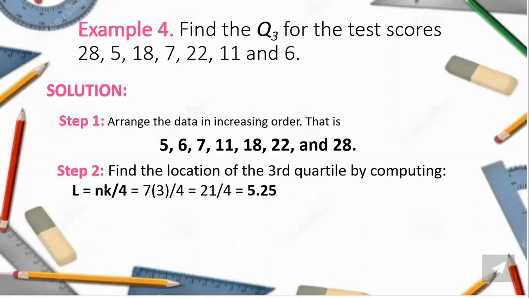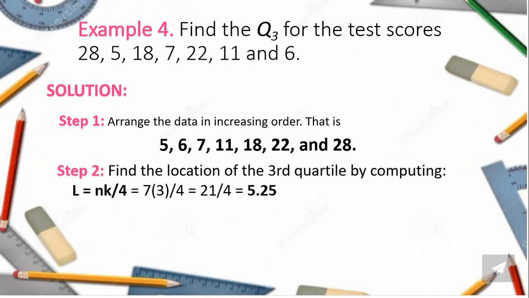Second step, we determine the location of the third quartile by computing L. L is equal to NK divided by 4. N is 7 multiplied by the unknown quartile, which is the third quartile, divided by 4. So we have 21 divided by 4, which is 5.25.